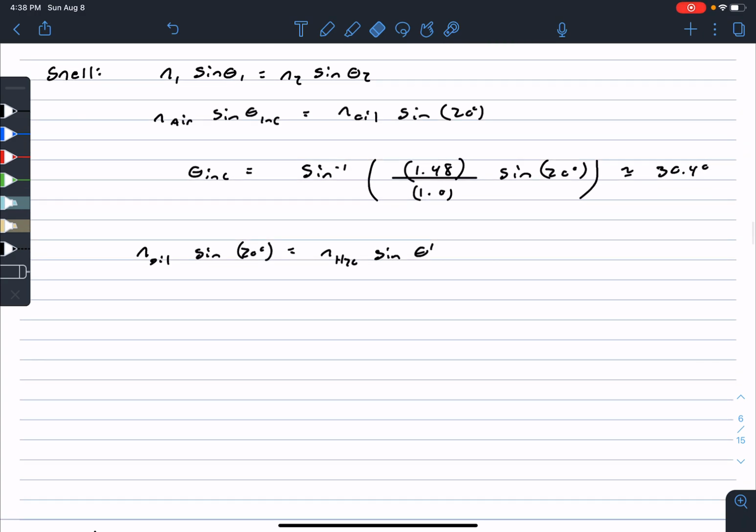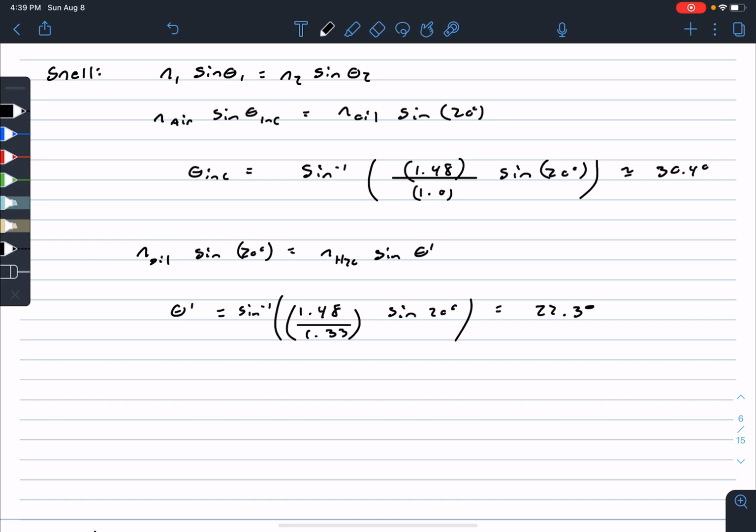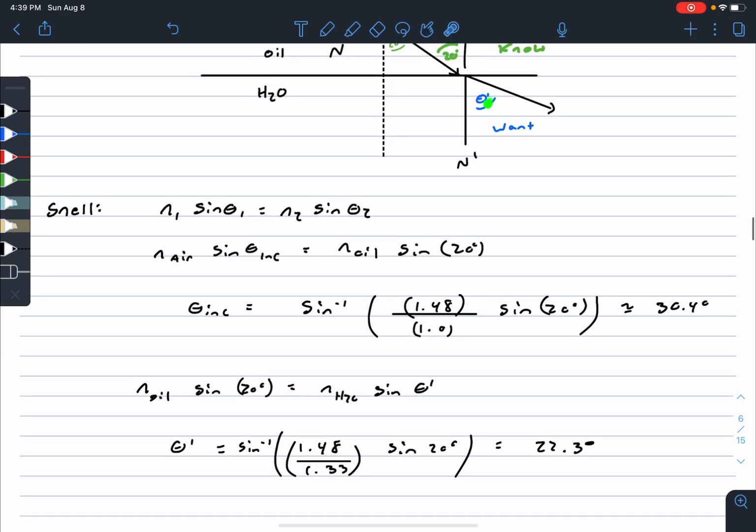Okay, and then we solve for theta prime, which is going to be 1.48 over 1.33. This is arc sine of all this, because I had to solve for this using some algebra, sine 20 degrees, and this gives you a value of 22.3 degrees. So this angle is 22.3 degrees.